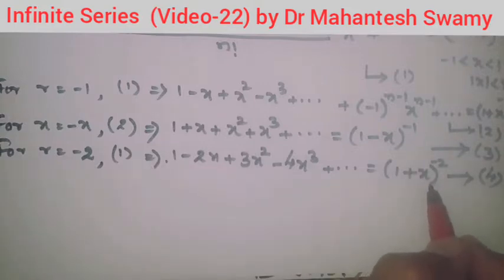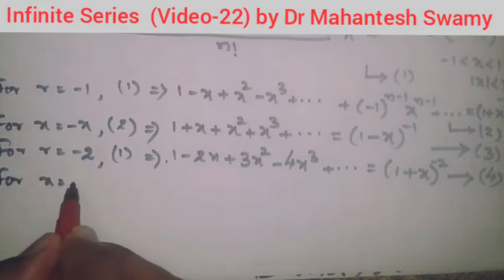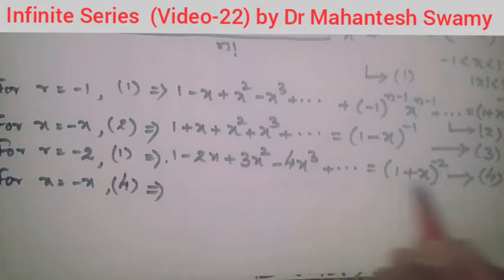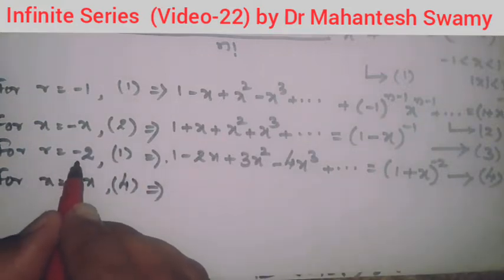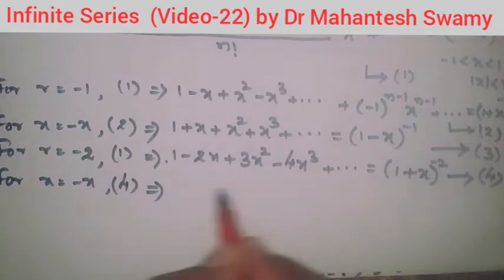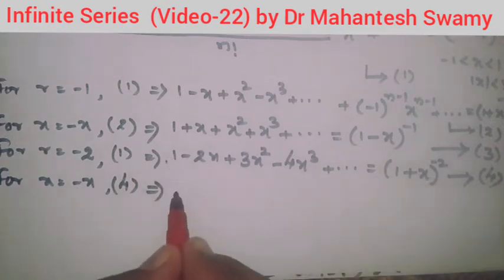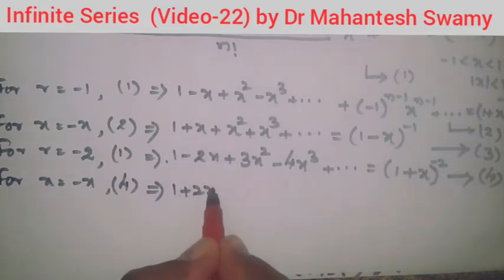In this if we replace x by minus x, then what happens? Equation number 4 is the resultant of equation number 1 as a result of the substitution r is equal to minus 2. In this we are going to substitute x is equal to minus x. So it is 1 as it is, minus x becomes minus minus plus, so plus 2x.